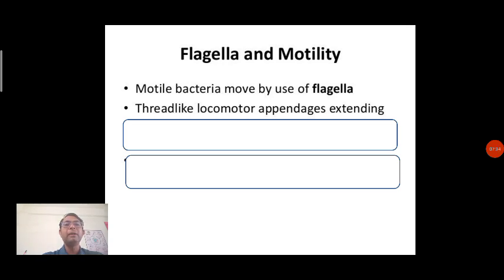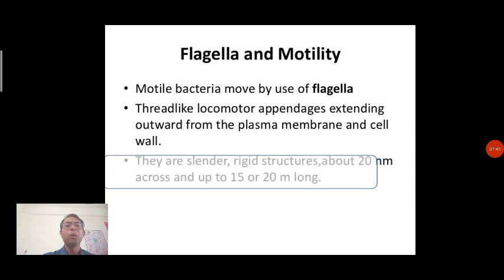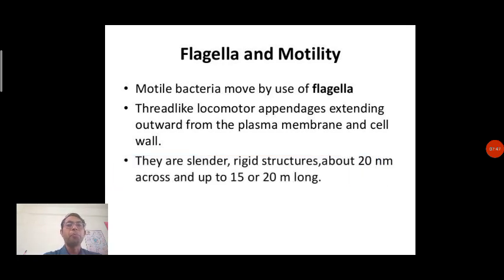Flagella are thread-like locomotor appendages extending outward from the plasma membrane and cell wall. So from the cell wall and cell membrane, the flagella are produced, or developed. They are slender in shape, rigid structures, about 20 nanometers across and up to 15 to 20 micrometers long, and we call them flagella.